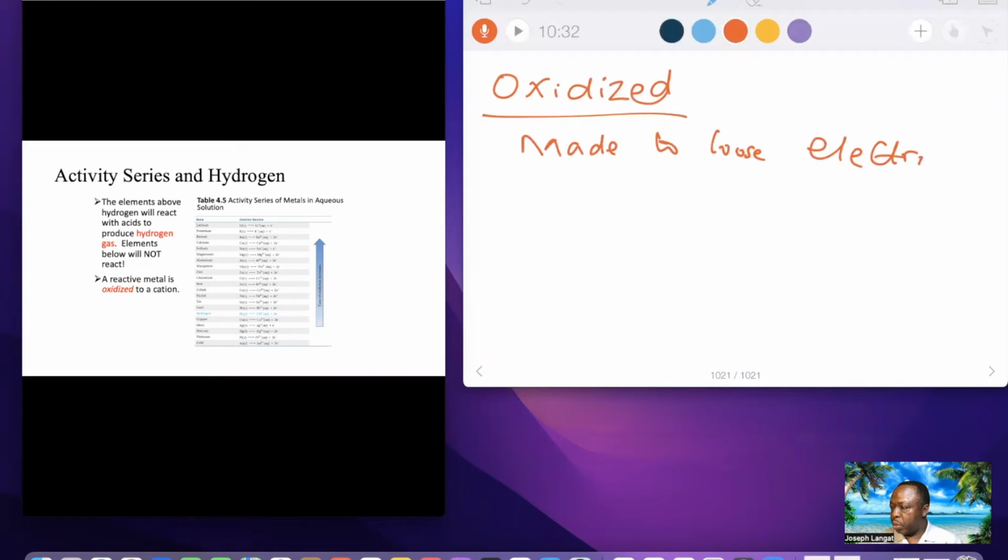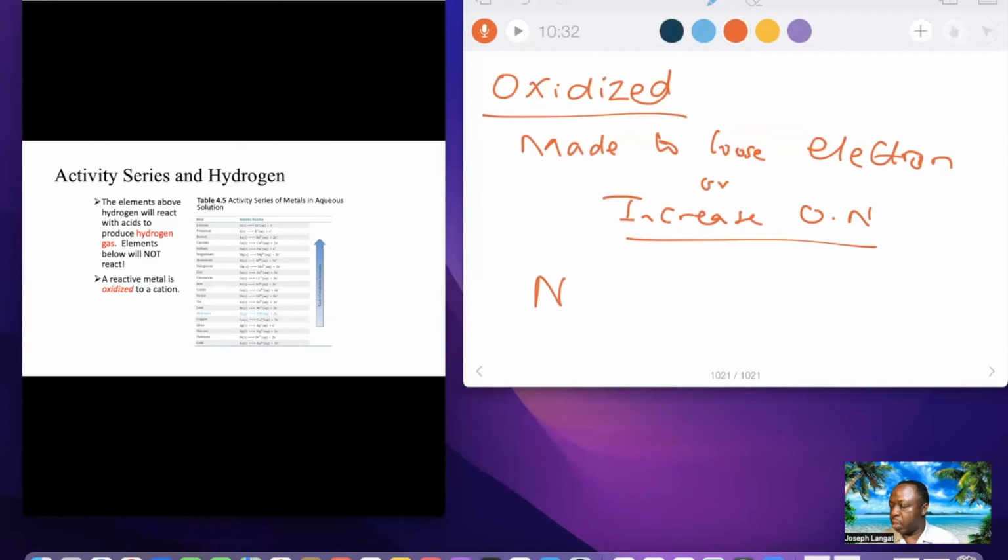And remember electron bookkeeping? A species will be positive if it loses electron. So here is an increase in oxidation number. You know a species has been oxidized if the oxidation number increases.